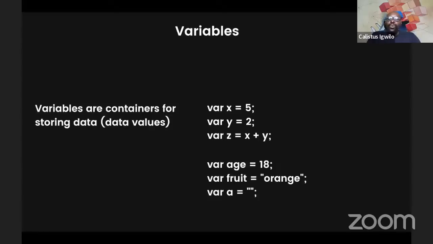So we use variables a lot. When you are doing smart contracts, you have addresses. An address is just the person's public key that has been hashed to give an address. It could be a BSV address, it could be a Bitcoin address. You just say address equals that. That's a variable.